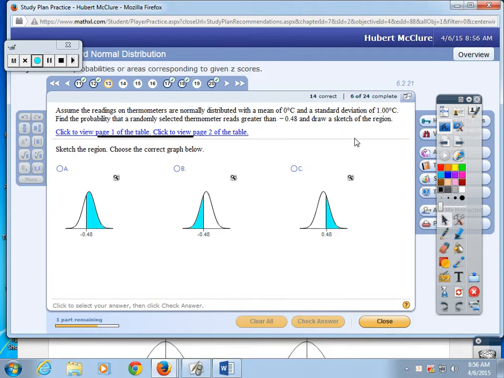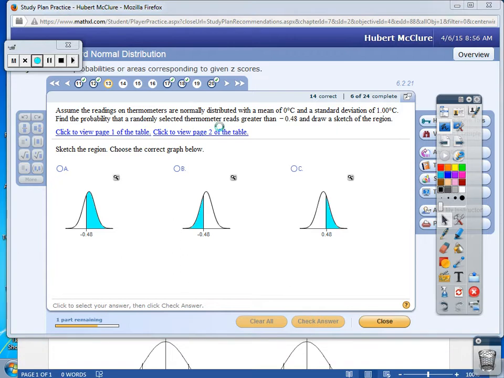All right, try this one. Find the probability that a randomly selected thermometer reads greater than negative 0.48.